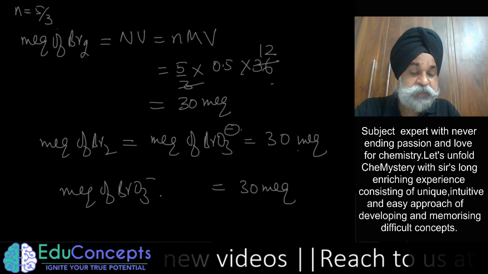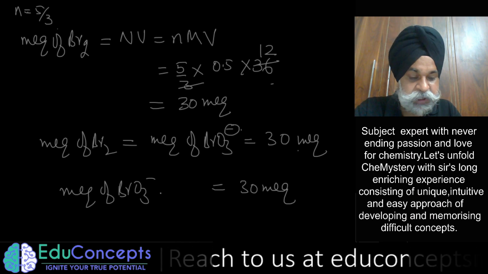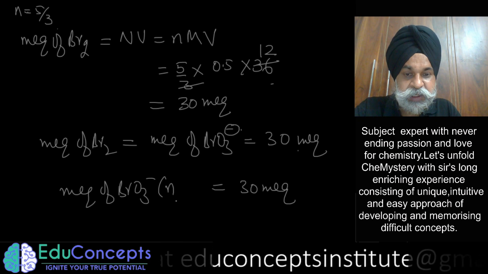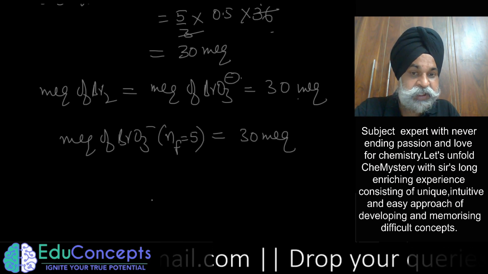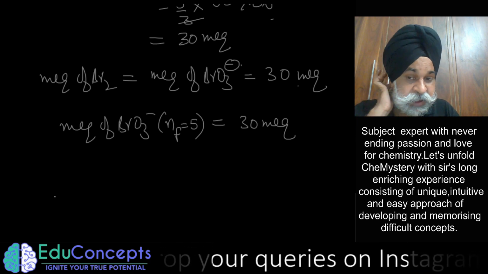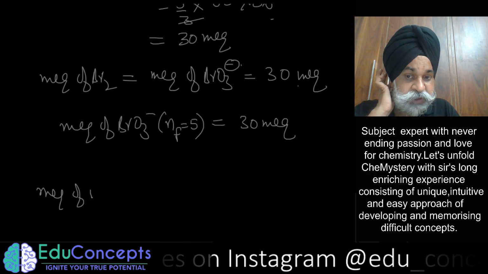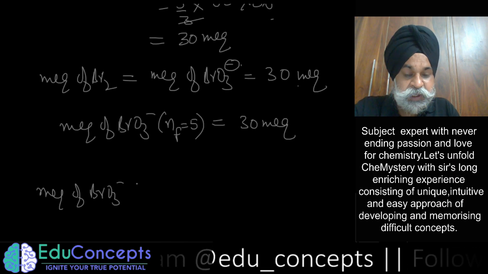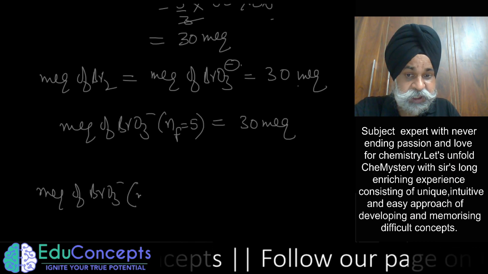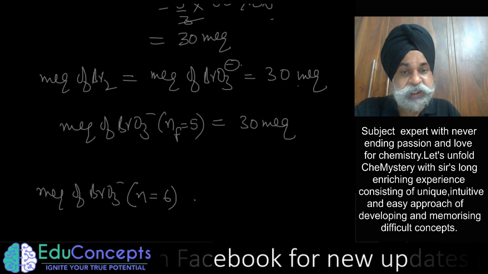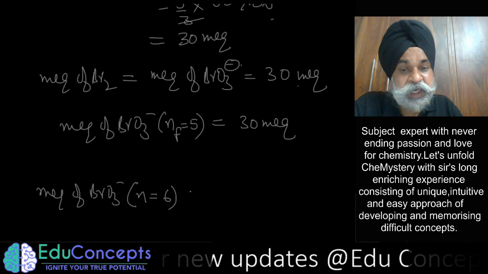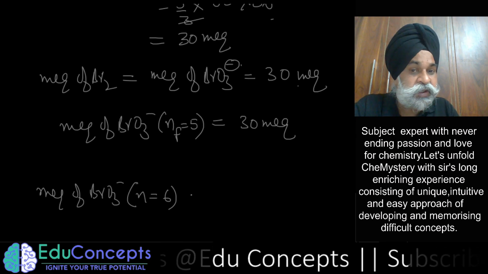The milliequivalents of BrO3 negative which is being formed are of n factor how much? Of n factor 5. But in the second reaction, the milliequivalents of BrO3 negative which are reacting are of n factor 6. So here is the important viewpoint that while applying the equivalent concept, you have to be a little cautious.